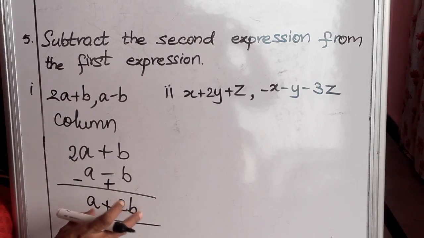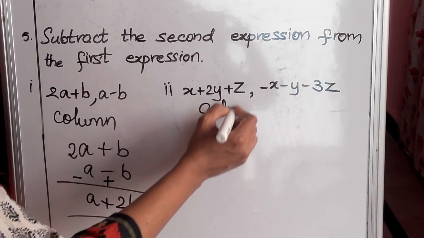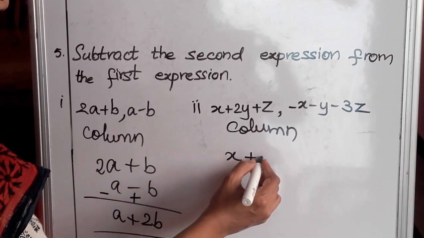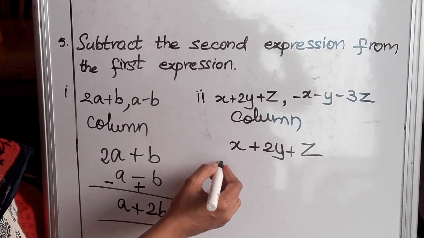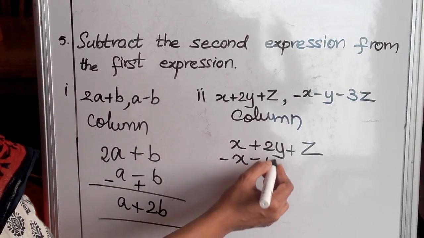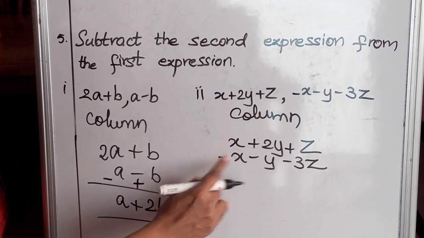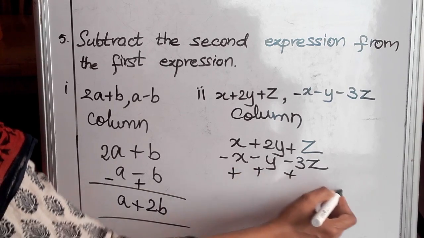Now let us use the column method and subtract these two. x plus 2y plus z, minus x minus y minus 3z. Here minus is there, so we need to add. Minus becomes plus, minus becomes plus.